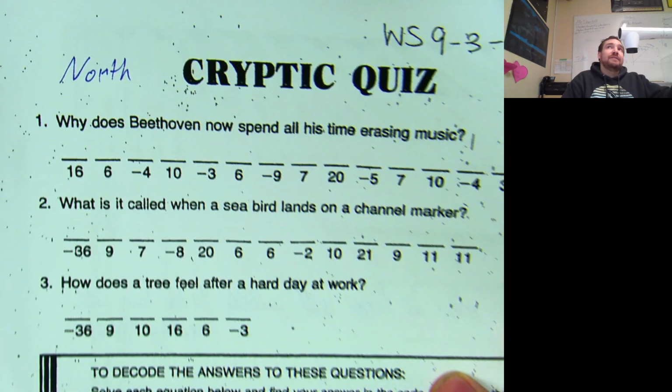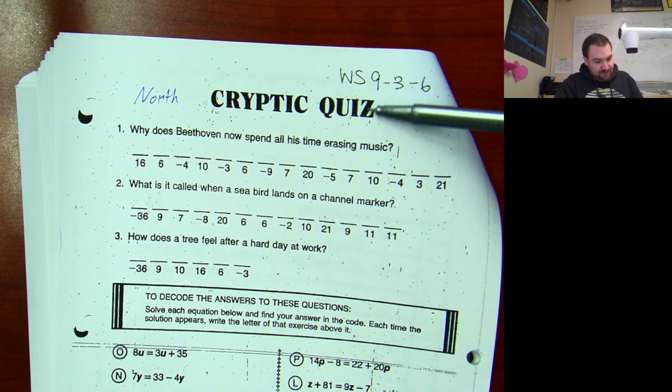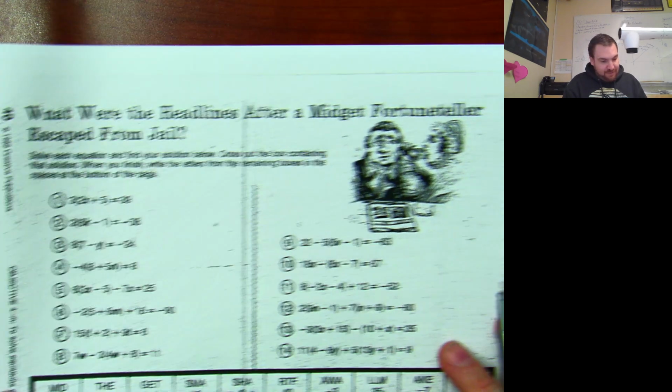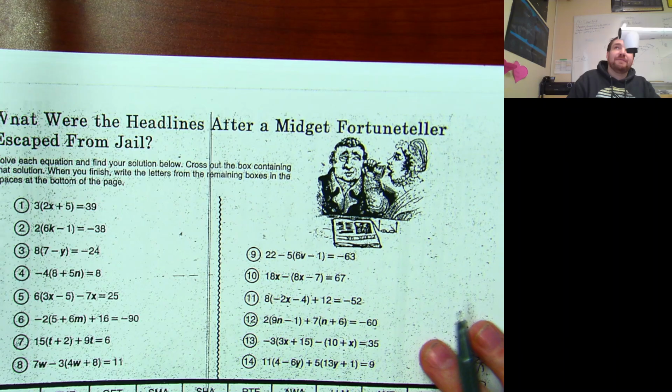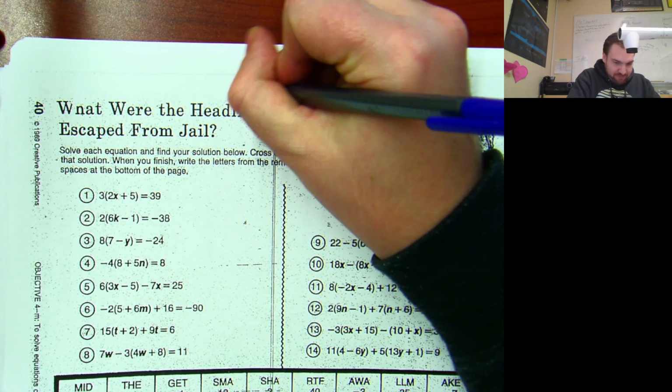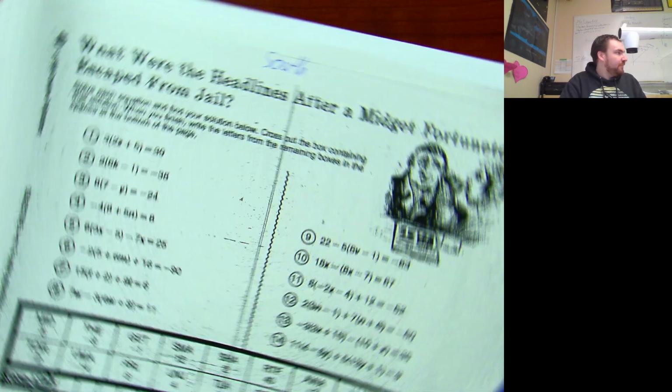Okay, guys. North side of the class, you are cryptically quizzing. South side of the class. What were the headlines after a midget fortune teller escaped from jail? Okay. You're a fortune teller?